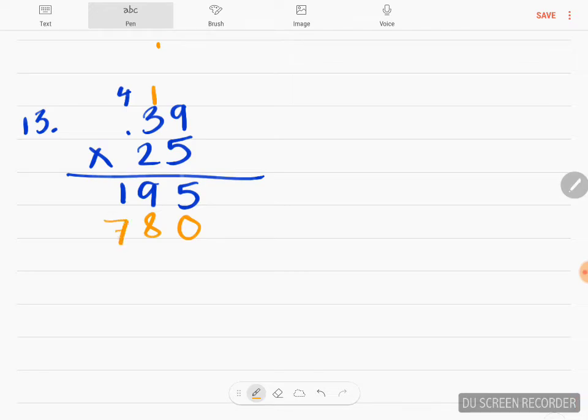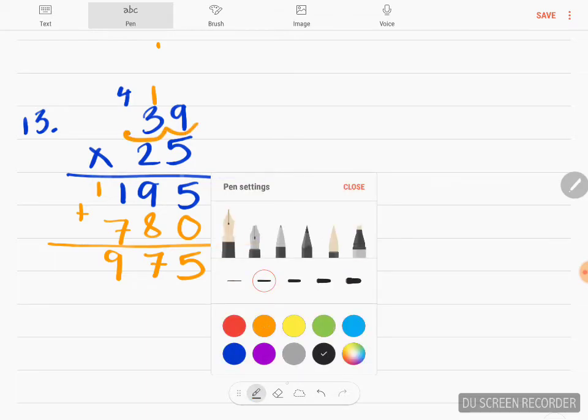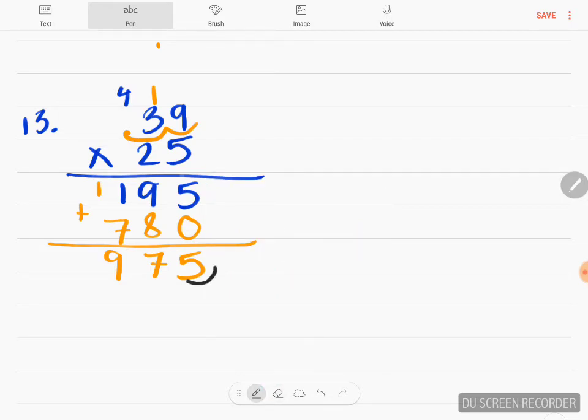Plus 1 is 7. All right, let's add this up. 5 plus 0 is 5. 9 plus 8 is 17. Carry the 1. 7 plus 1 is 8. Plus 1 is 9. Now, 975, that doesn't make sense. How many decimal places do I have here? 1, 2. So I must go 2 decimal places. 1, 2. So I have $9.75.